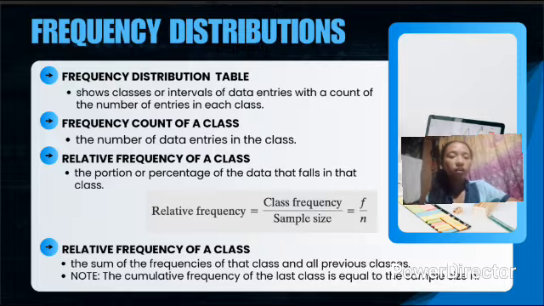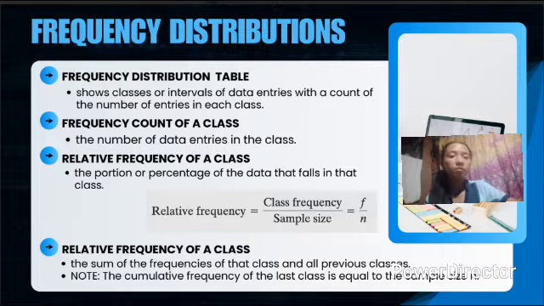Next is the relative frequency of a class. It is the portion or percentage of the data that falls into that class. As written in the slides, relative frequency is equal to class frequency over sample size. The class frequency symbol is small letter f, and the sample size is small letter n.